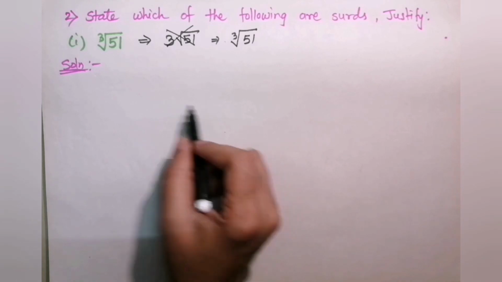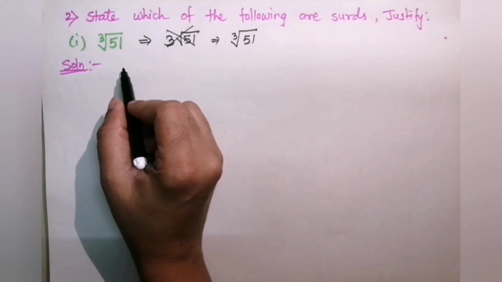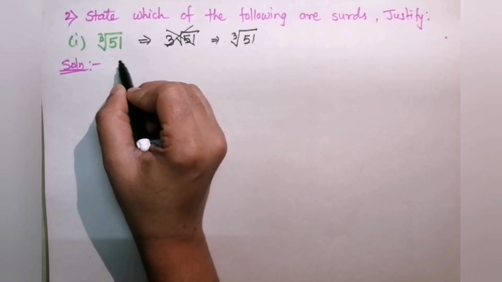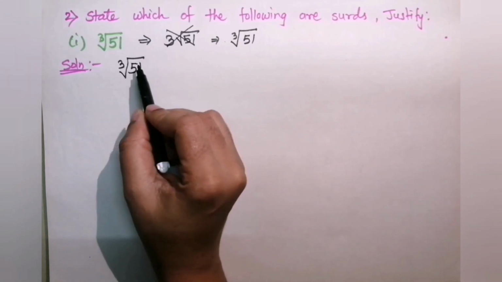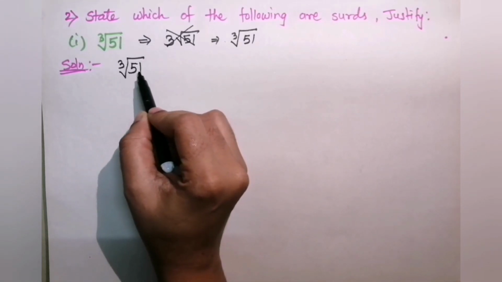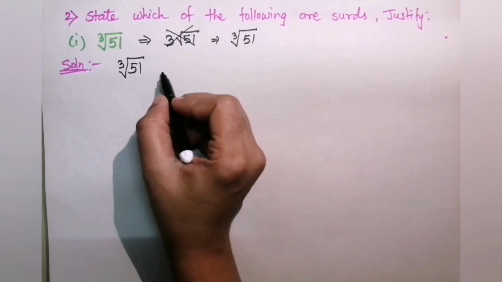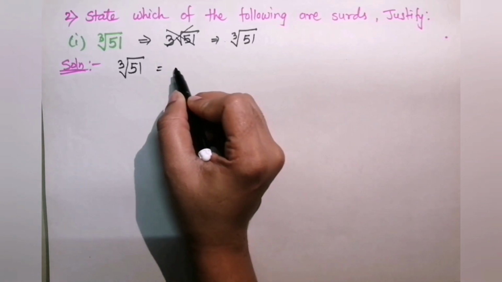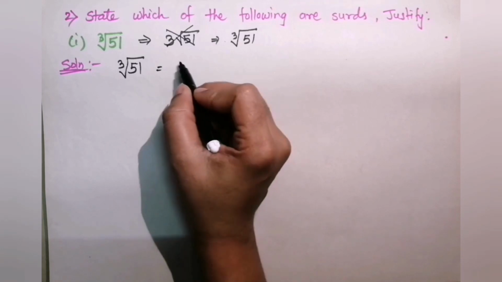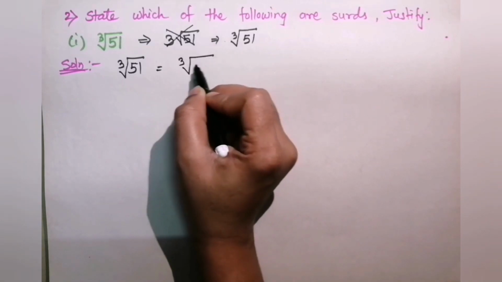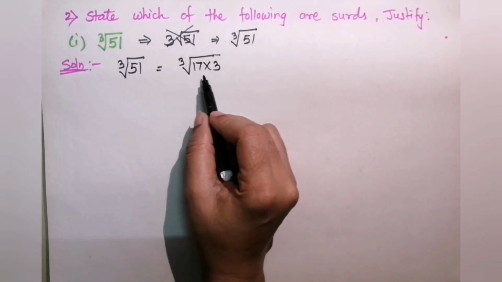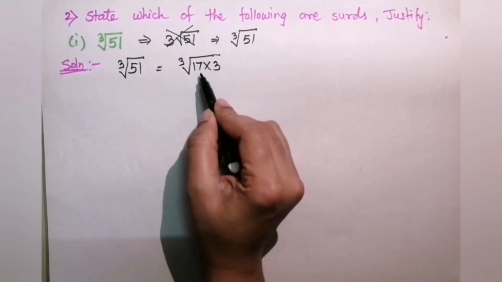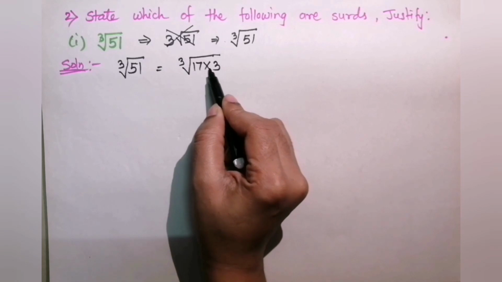Clear? Now students, start to solve. We have the cube root of 51. Can we factorize 51? Yes, 17 3s are 51. So write down here: 17 3s are 51. Can we factorize 17 and 3 further?